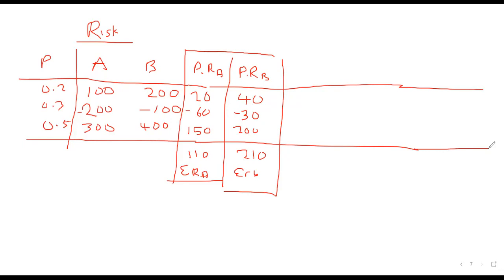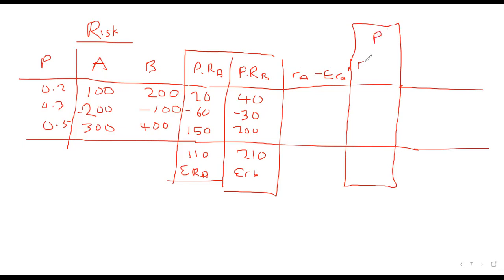So we're going to calculate the variance: the return for asset A minus the expected return for asset A, we square it, multiplied by the probability.